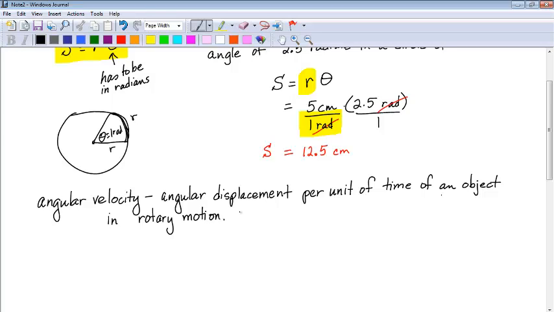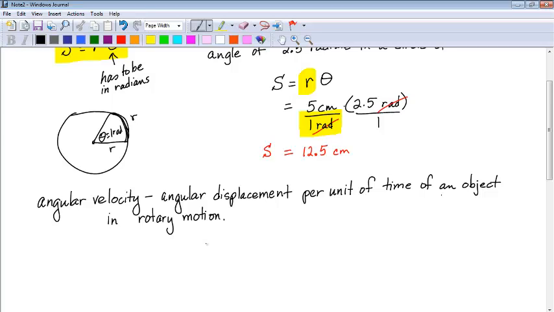It's how fast does that go around? How fast does it go around per unit of time? It might be in revolutions per minute, it might be in radians per second, it might be in degrees per hour. It's what angle does it map out per unit of time.